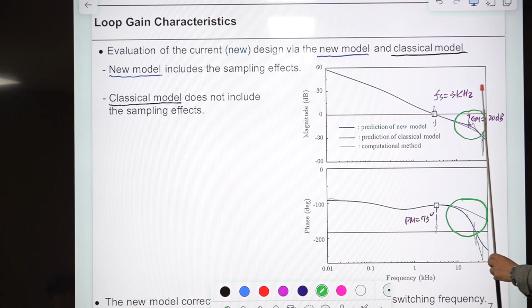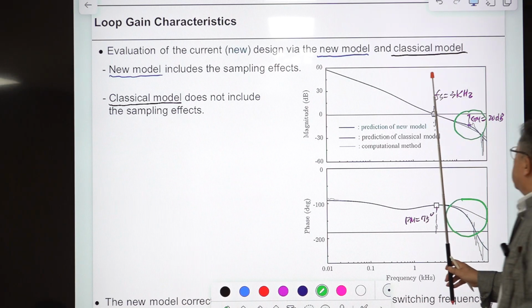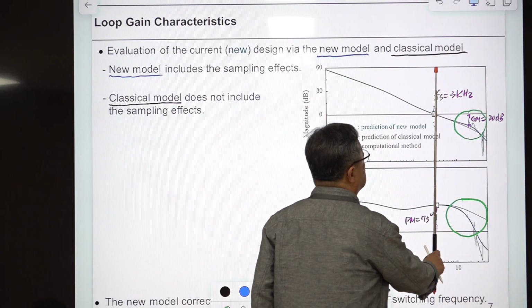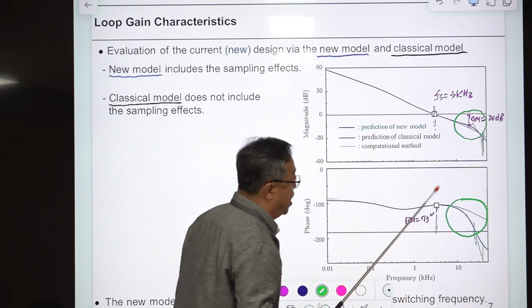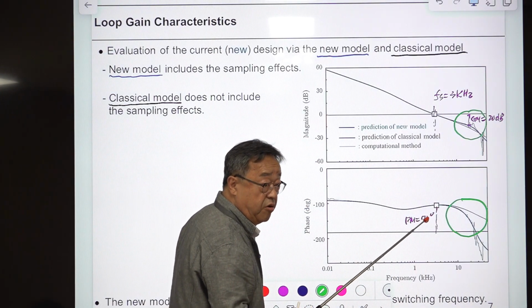But this one, this thick blue curve, is the prediction of the new model, and this thin black curve is the prediction of the classical model, and this thin black line is the computational method. Okay, so the only difference comes up at this point. But when you are evaluating the loop gain, crossover frequency is 3 kHz, phase margin is 75 degrees, fairly large.